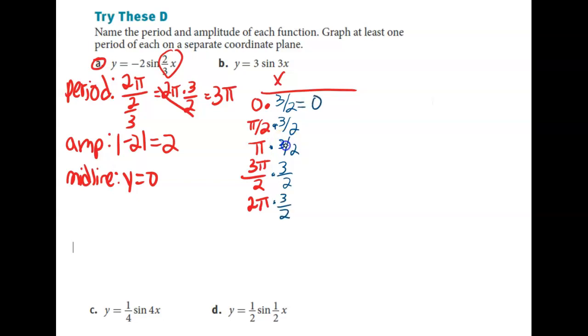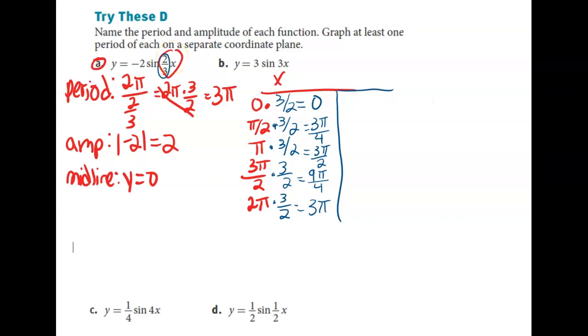So we've got 0, we've got 3 pi over 2 times 2, 4, we've got 3 pi over 2, we've got 3 times 3, so we've got 9 in the numerator over 2 times 2, 4. Then we've got 2 times 3, 6, over 2, which brings us back to 3 pi. So those are x's, that's being affected by that b value.